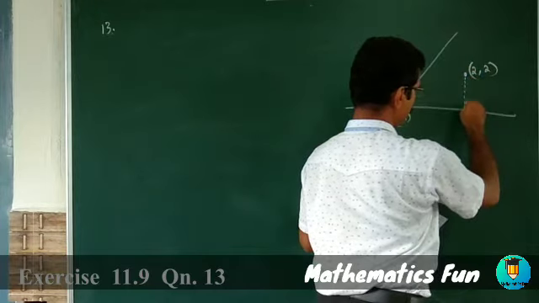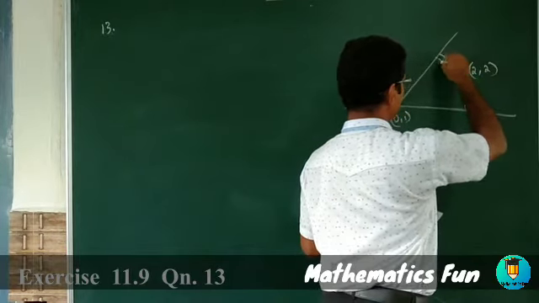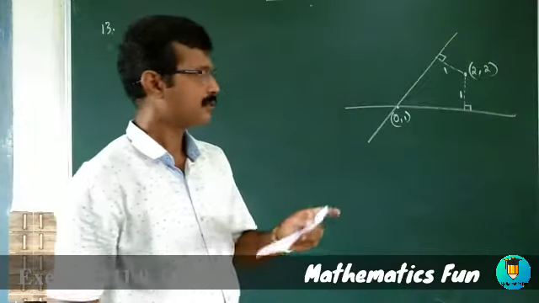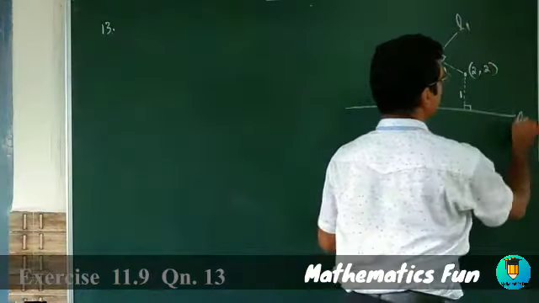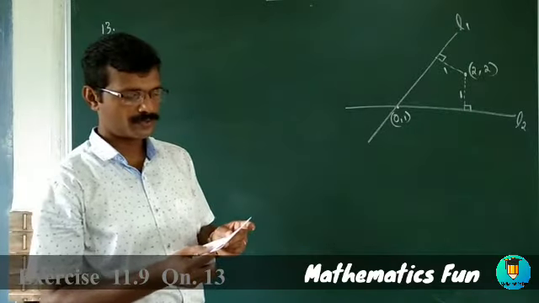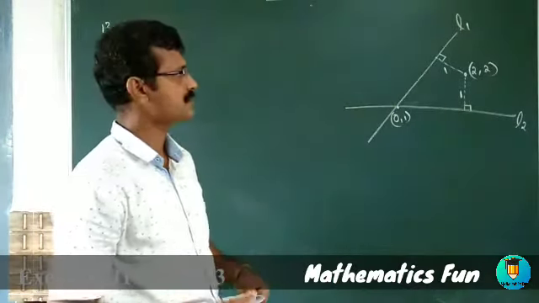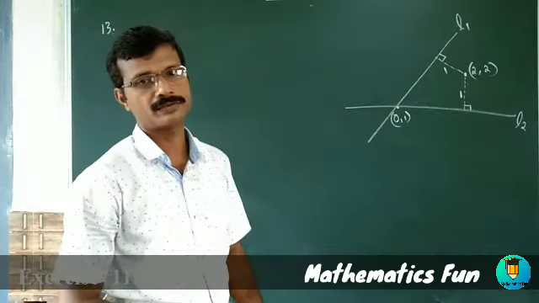If I draw the perpendicular, each one is of unit length. We need the equations of both the lines, that will be L1 and L2. The distance from the point 2, 2 to each of the lines is unit length. That is mentioned.